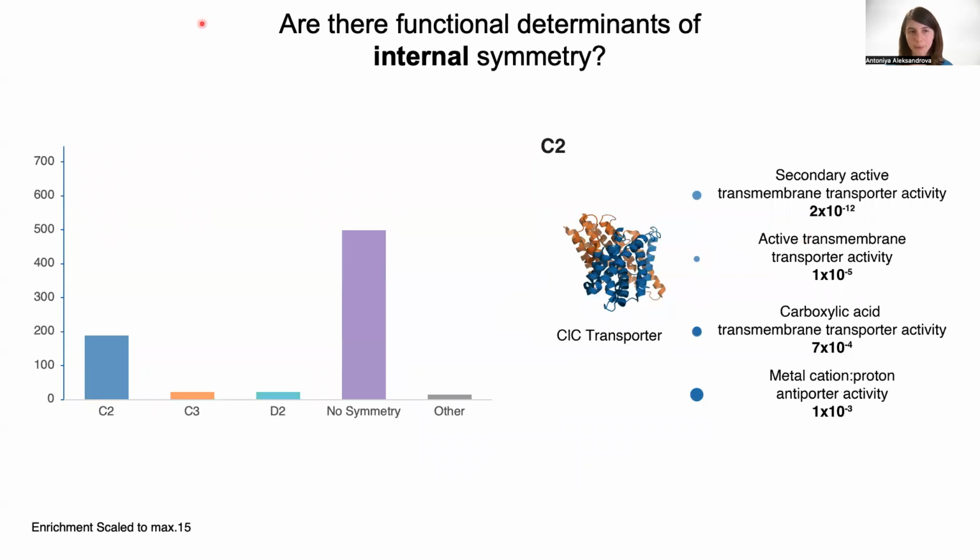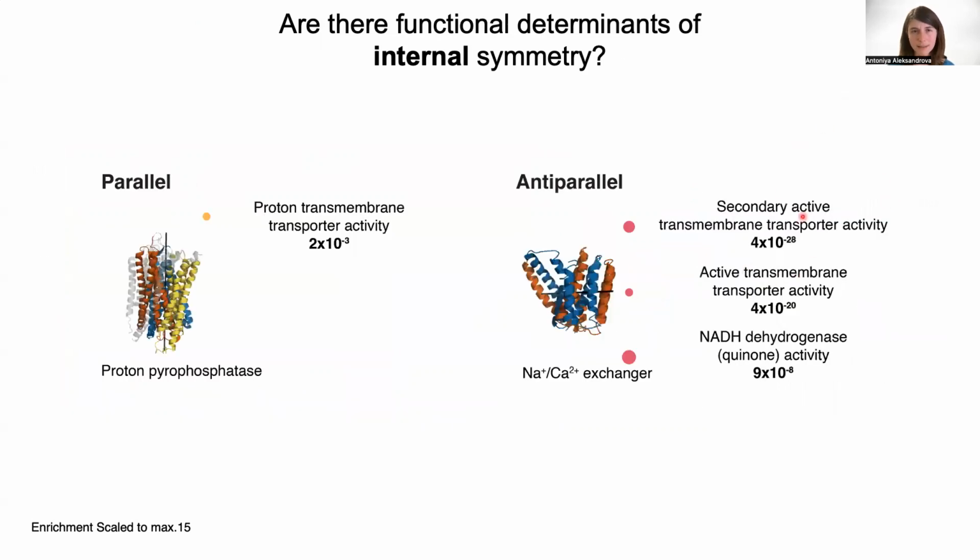In fact, if we separate this whole data set into parallel versus antiparallel or inverted repeats, we see that the enrichment in the C2 group is due primarily to the antiparallel symmetry, or the inverted repeats, because they are the ones carrying the secondary active transmembrane transporter activity functional relationship. Whereas in the parallel ones, we don't see them enriched.